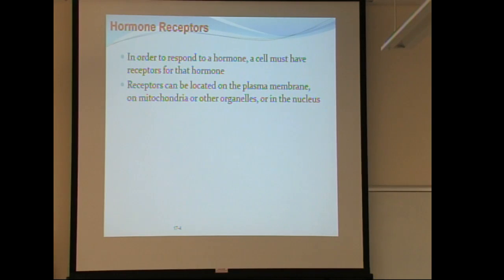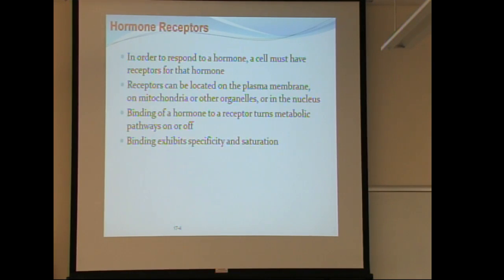Because as you'll see in a minute, some hormones go straight through the cell membrane and look for their receptor inside. We'll talk more about that in a little bit. And it is very specific. One hormone has one receptor that complements it, a shape that it fits into.